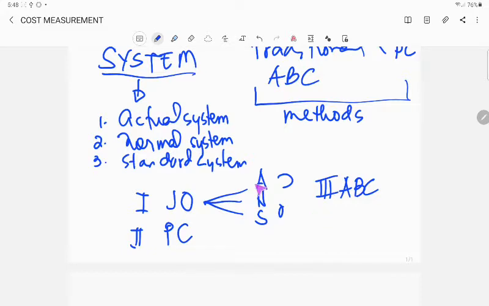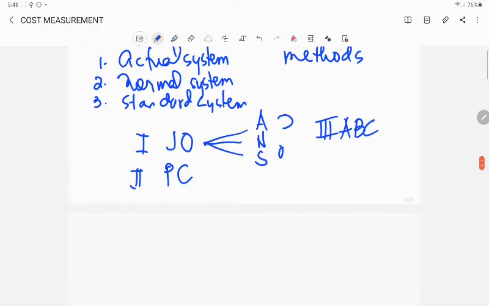Ma'am, pwede bang dito sa costing system, 1, 2, o 3 ang gamitin? Hindi. Mamimili ka lang. 1 o sa 3.